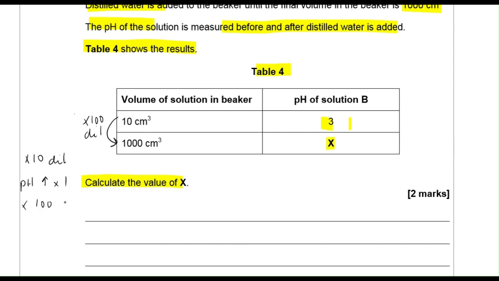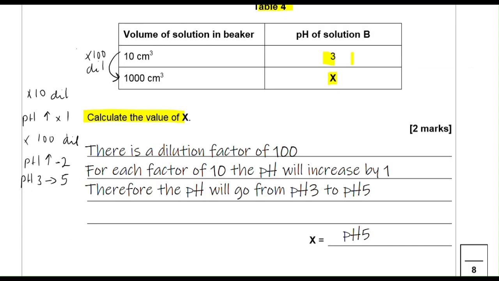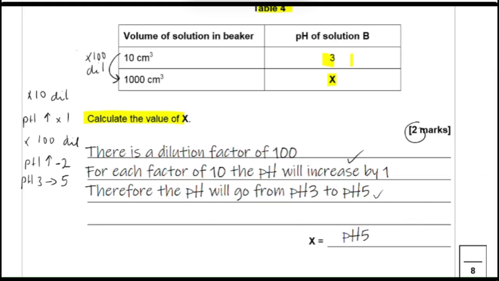This will mean that the pH will go from 3 up to 5. So to get 2 marks for this question, you must say that there's a dilution factor of 100, and for each factor of 10 the pH will increase by 1, therefore the pH will go from pH 3 to pH 5.